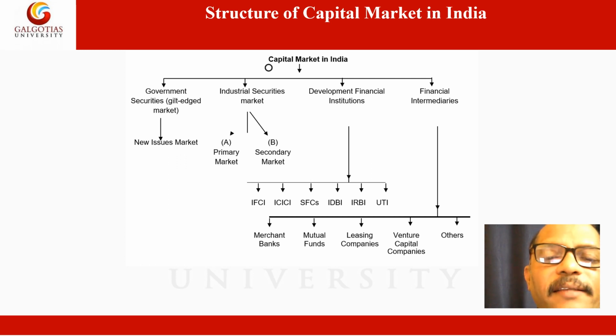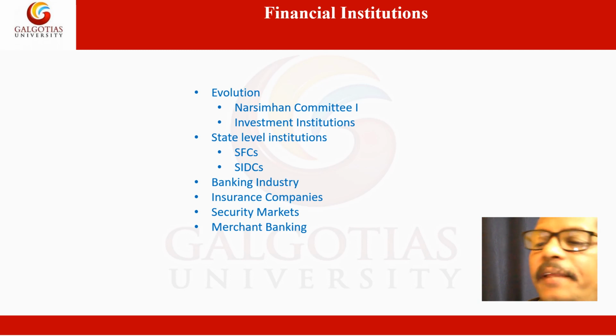Let's move on to the next slide. So as I was telling you, it was on the suggestion of Narsimhan Committee 1 that the government decided to convert financial institutions into All India Development Banks. And in 2000, a number of government investment institutions were converted into banks.